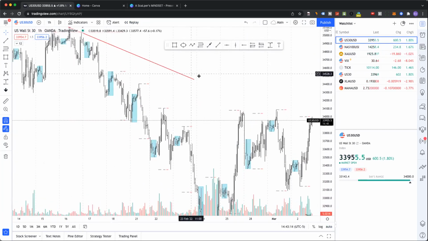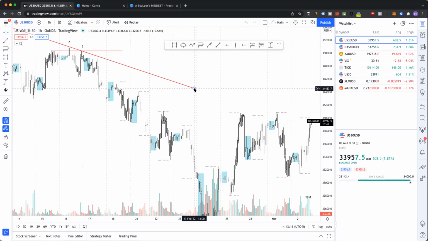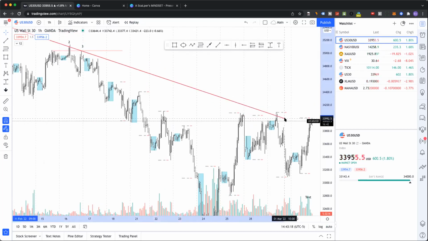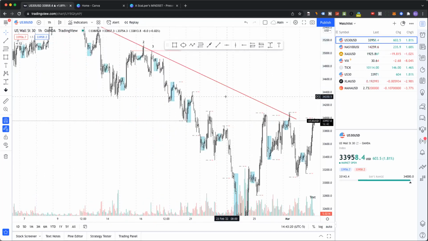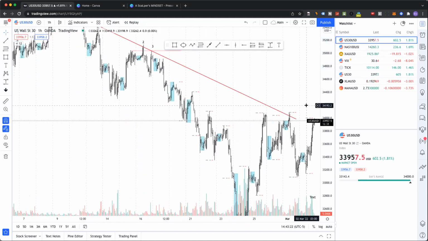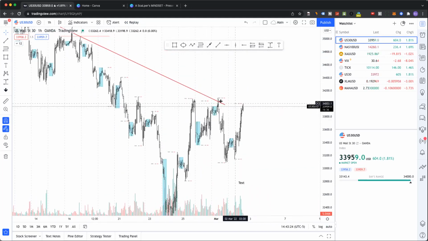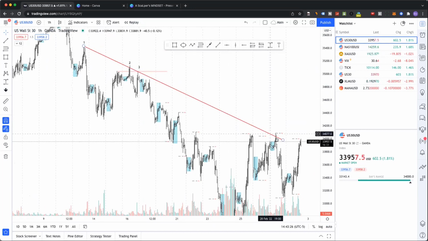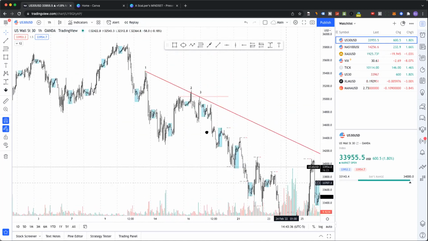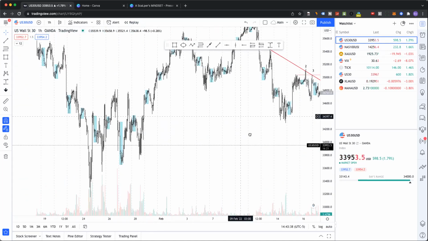Okay, and as we see, these trend lines do get respected. So we don't know what happens here, obviously, but typically after the third tap, you're gonna see some sort of stop hunt against the trend. Okay, so if we get a continuation, then we could look for another QMC to the downside. Okay, so it's very simple.